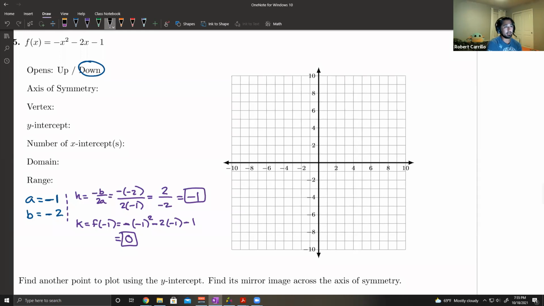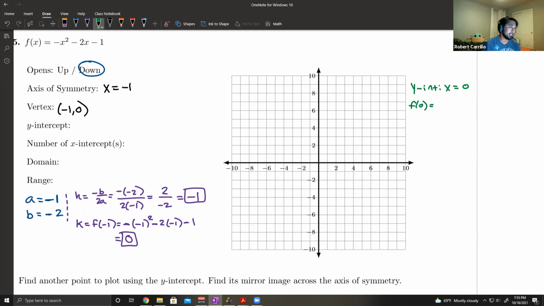So our vertex is at negative 1, 0, and our axis of symmetry is at x equals negative 1. Okay. And now we need to find the y-intercept, where we let x equals 0, plug it into the original function.